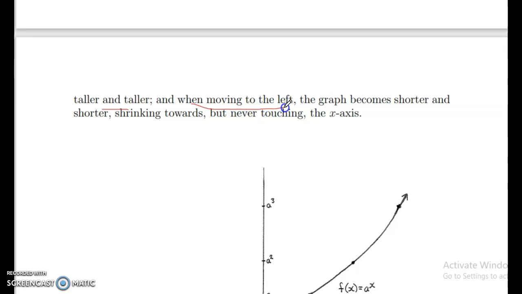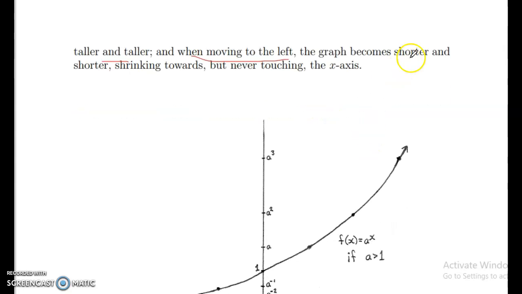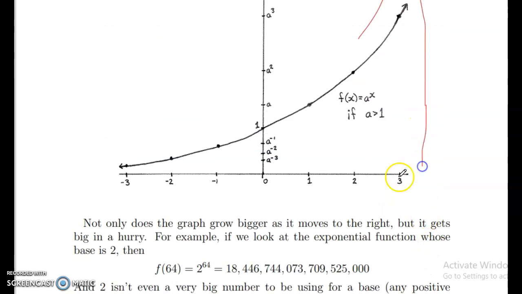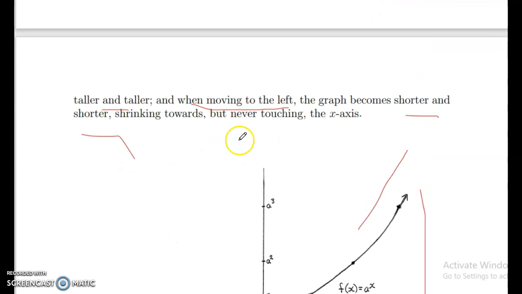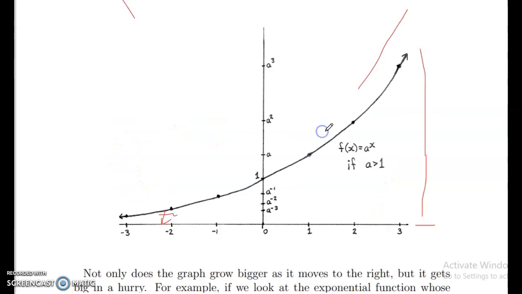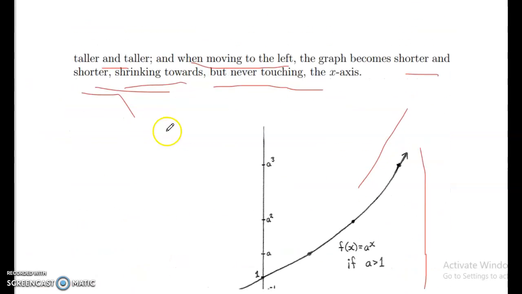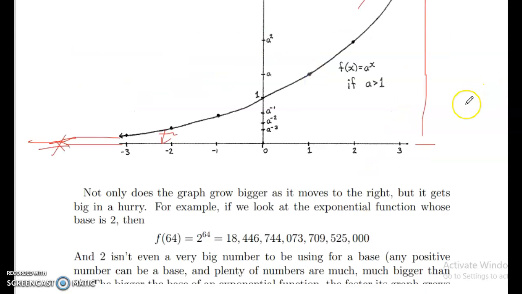When moving to the left, the graph becomes shorter and shorter, getting closer to the x-axis but never touching it.